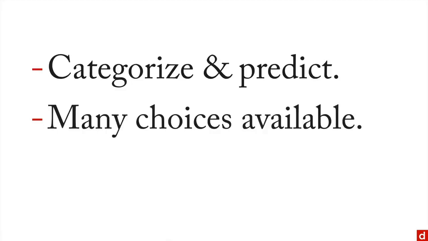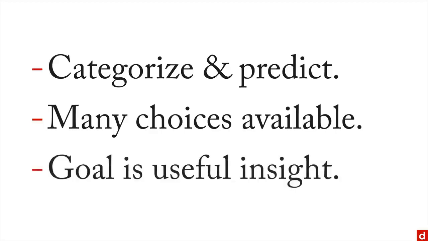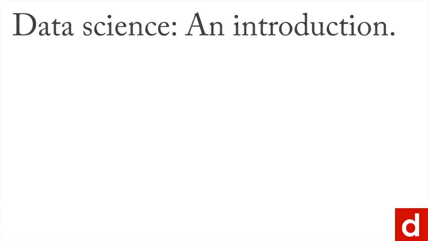But again, as I said with statistics, and as I'll say again many times after this, no matter what, the goal is not that I'm going to do an artificial neural network or an SVM. The goal is to get useful insight into your data. Machine learning is a tool, and use it to the extent that it helps you get that insight that you need.